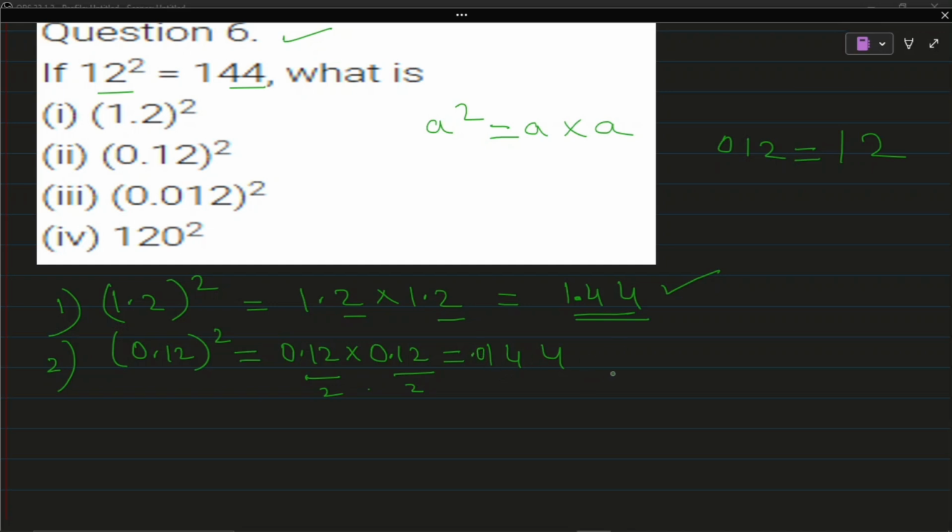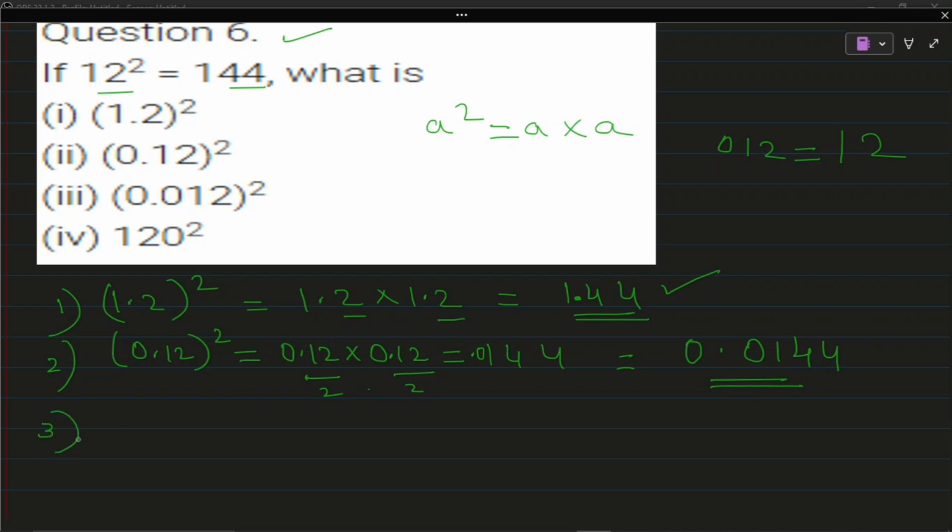Okay, I will write it clearly, 0.0144. If you want, you can put a 0 here. That is, in the answer after decimal 4 digits, and counting should start from here, that is 1 place, 2 place, 3 place, 4 place. So that is why the decimal is here, and that is the answer. This is the short form to find the answer.